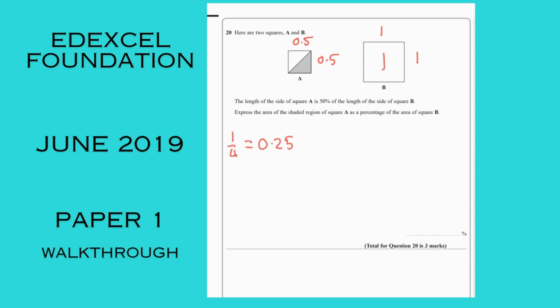So if you went for fractions, that's fine. But the shaded is half of that. So divide that by 2, use bus stop if you need to. But either way, I've got the answer as a fraction and or a decimal. And to change into a percentage, multiply by 100.